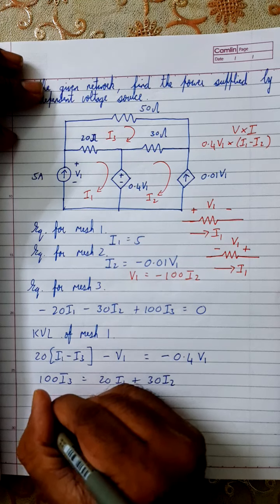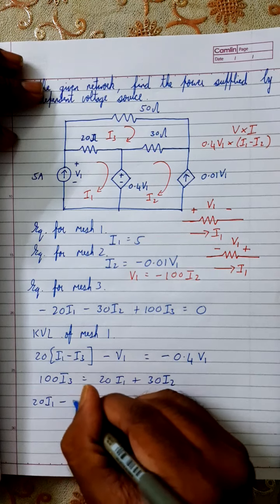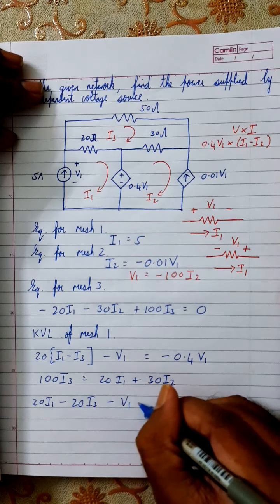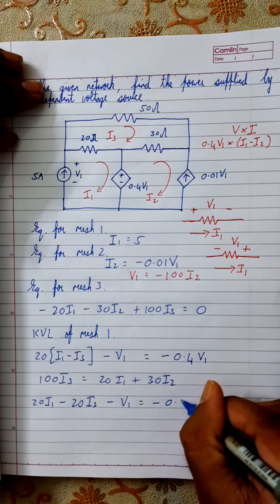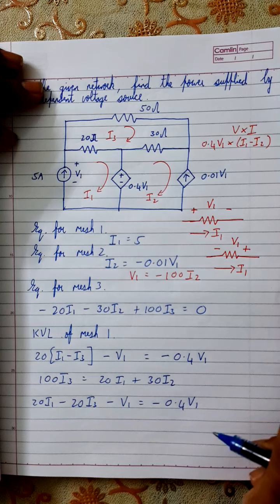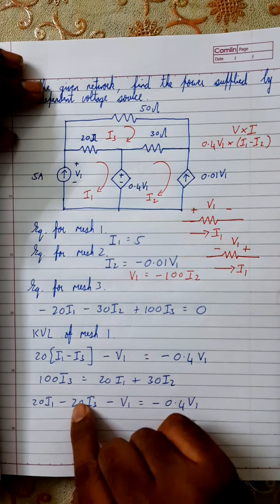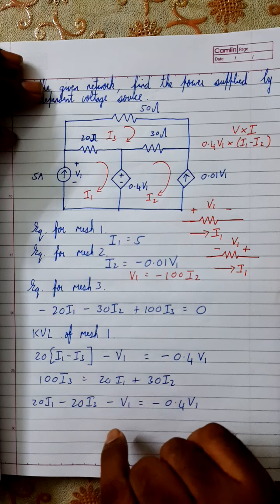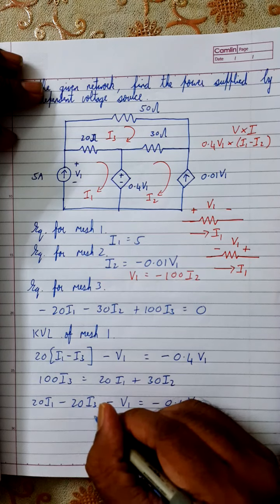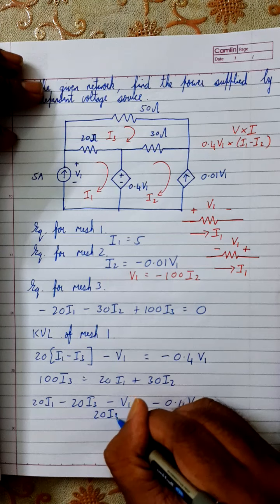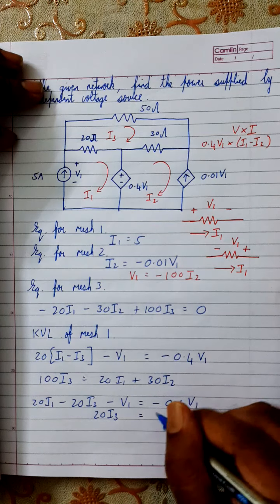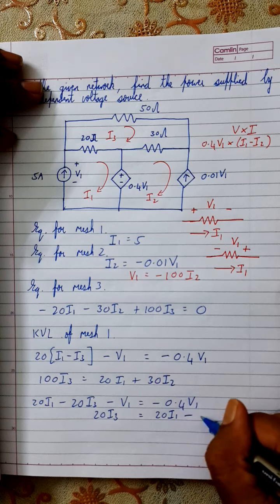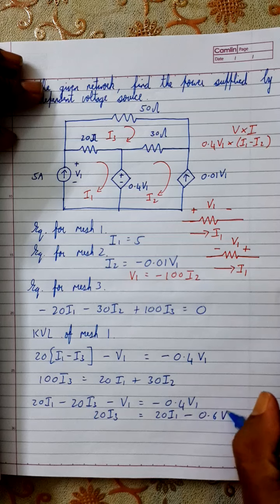Let me see. It will be 20 I1 minus 20 I3 minus V1 is equal to minus 0.4 V1. If I put 20 I3 over here and 0.4 V1 over here, then 20 I3 is equal to 20 I1 minus 0.6 V1.